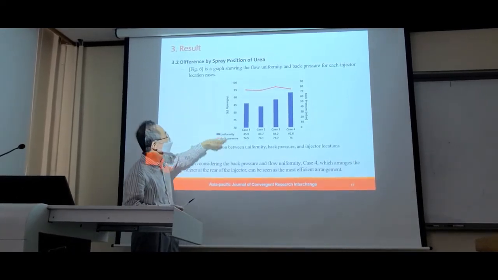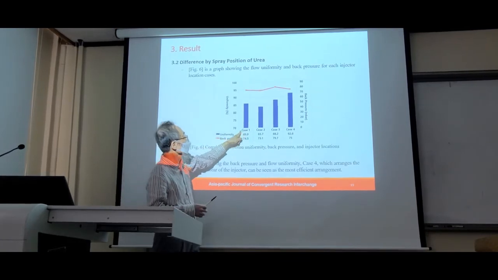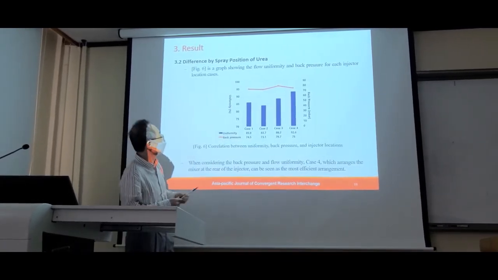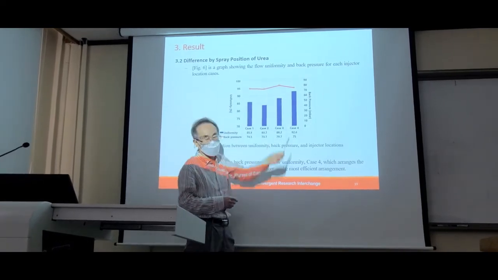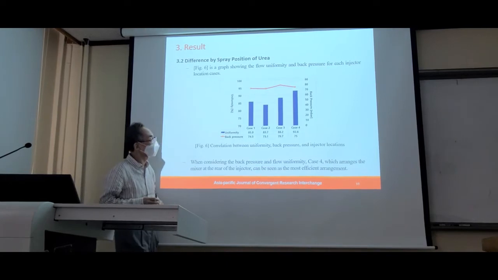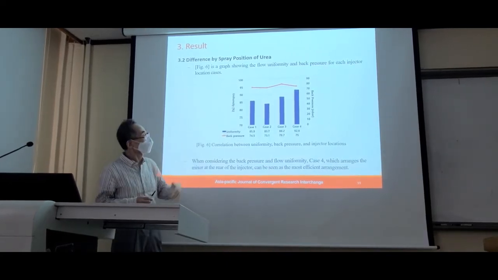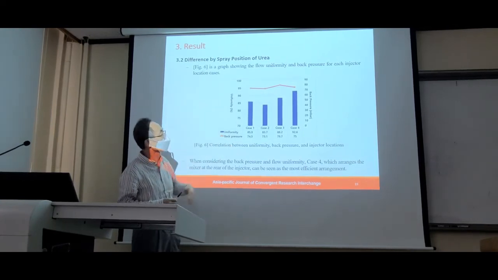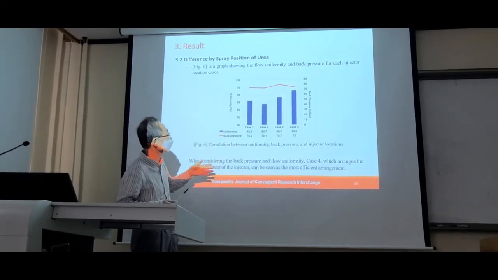This is uniformity like this. We can call the case 1, 2, 3, 4 cases. Let's look at this is back pressure. We have to be very cautious about the back pressure. Back pressure has to be decreased. Uniformity has to be increased like this. This is much better one.